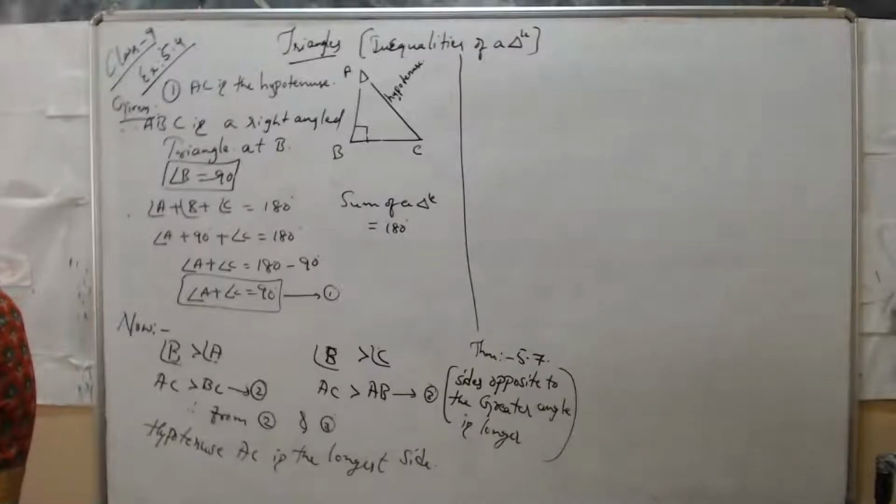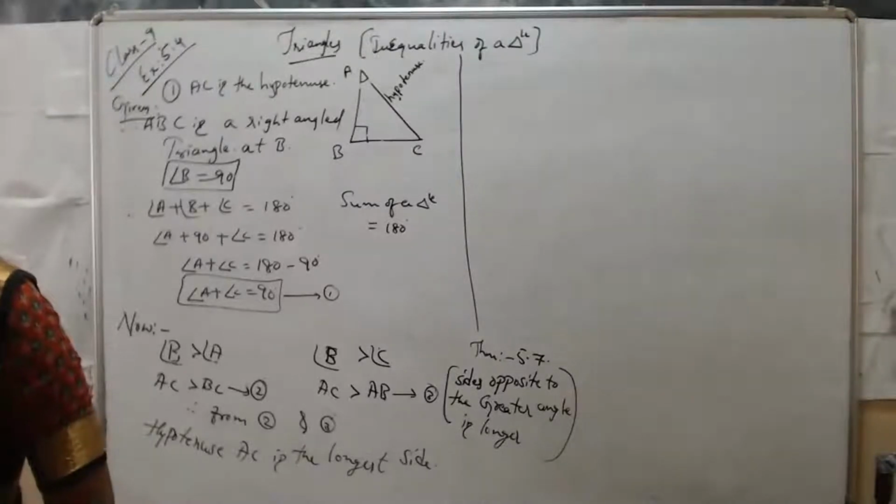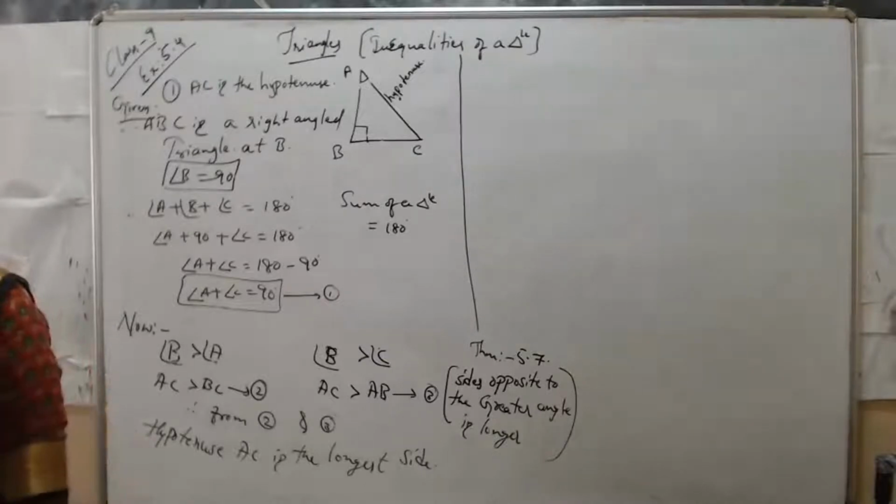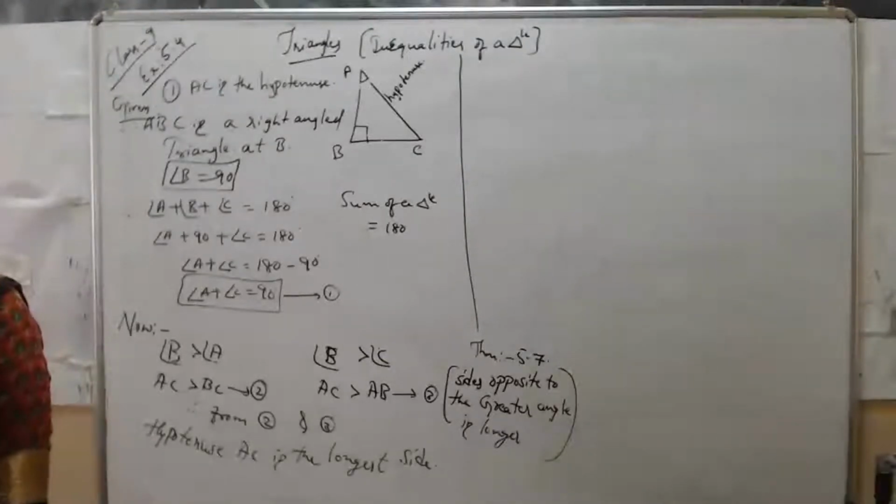In figure 5.48, sides AB and AC of a triangle ABC are extended to points P and Q respectively. Also, angle PBC is less than angle QCB. Show that AC is greater than AB. Now, take the second problem.